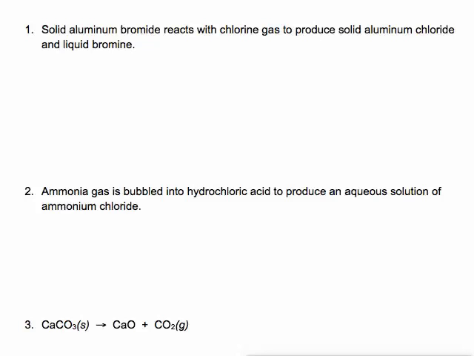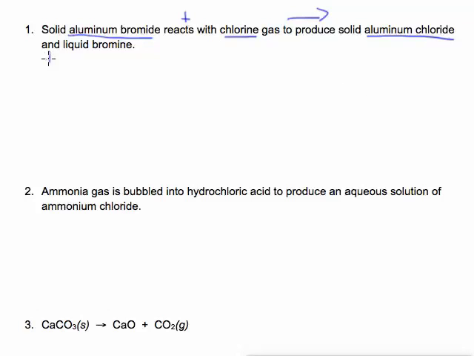Something that can be helpful is to go through and underline the compound names. Makes it a little clearer. So we have this reacting with chlorine to produce, that means that's where the arrow is, aluminum chloride and liquid bromine.